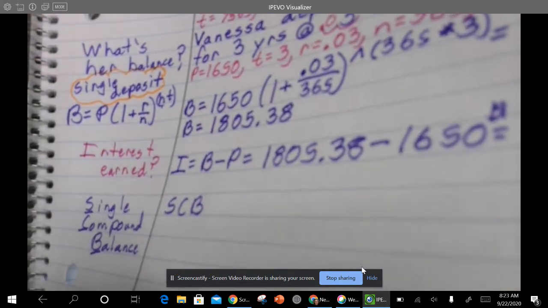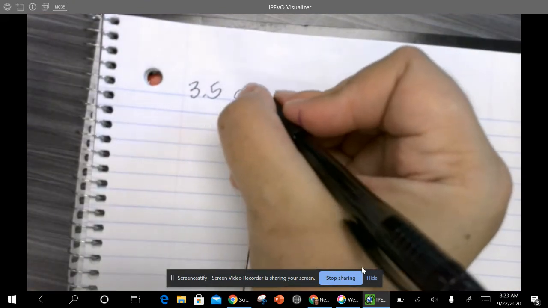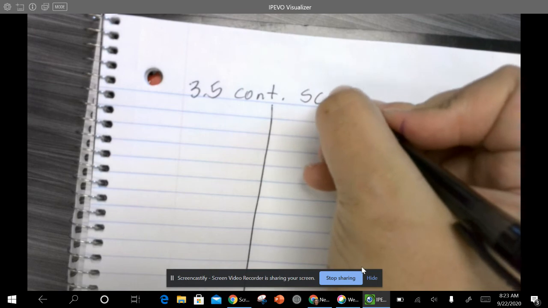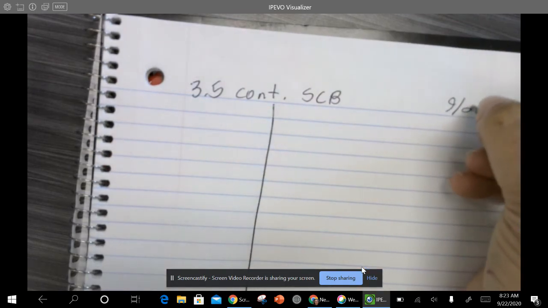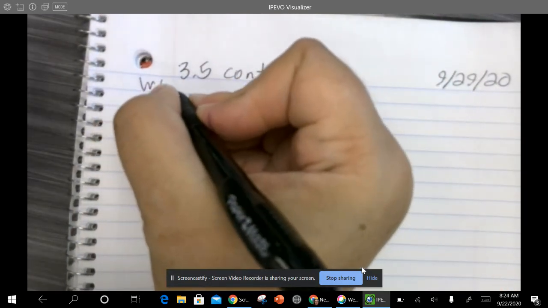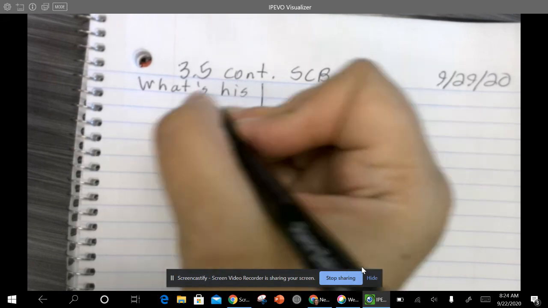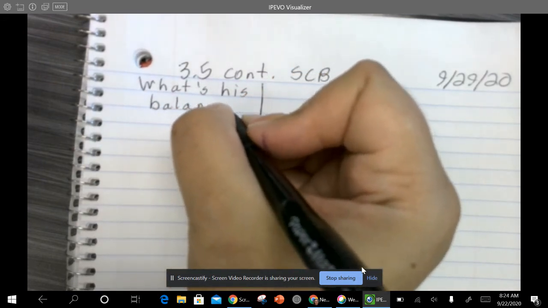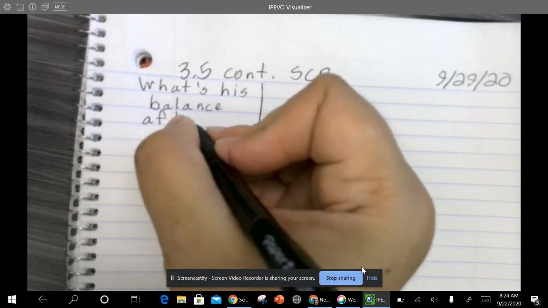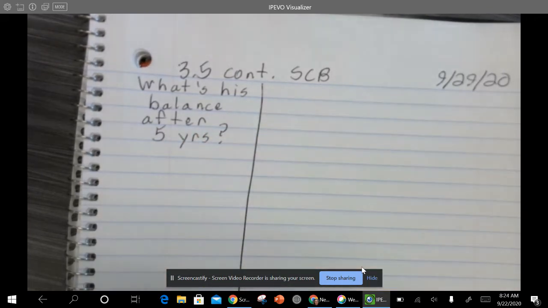Okay, let's do another example, everybody. I'm going to turn and do it on the next page. So this is 3.5, single compound balance. Okay, so we're going to do this one. So what is his balance after 5 years, everybody?